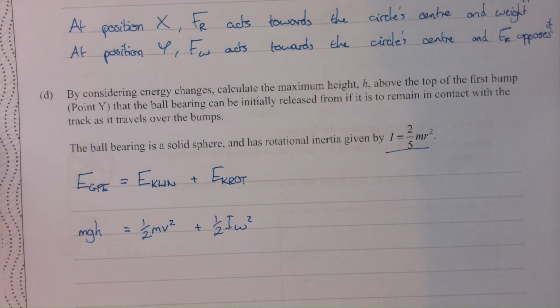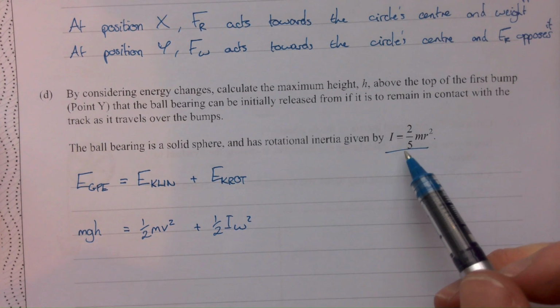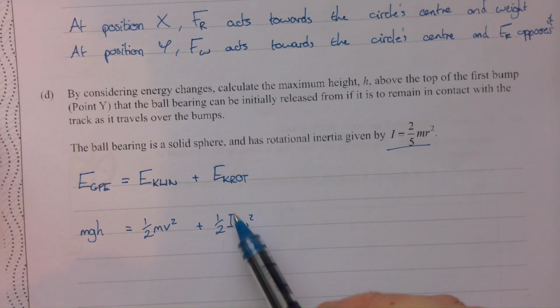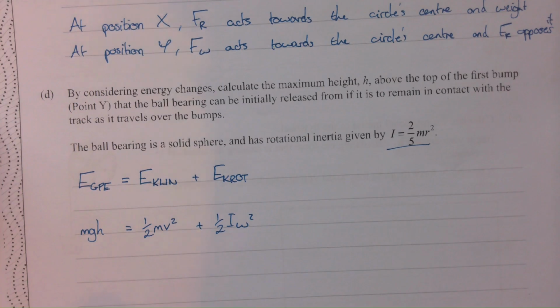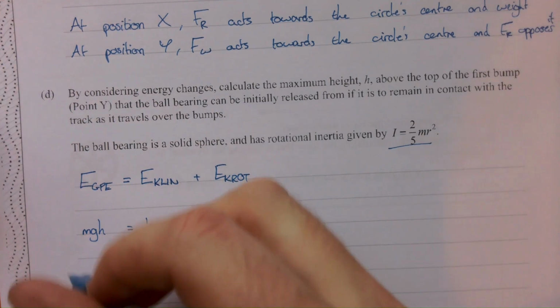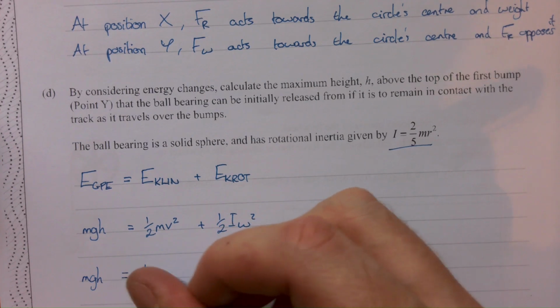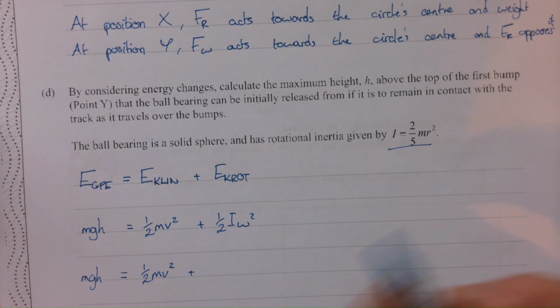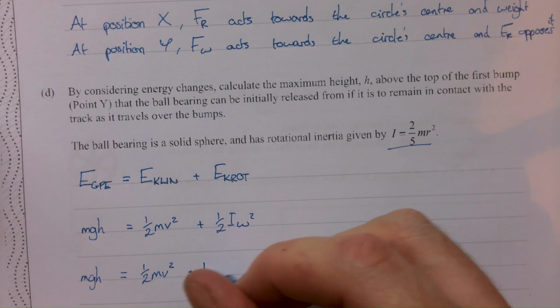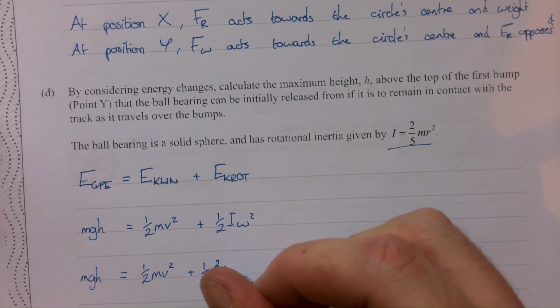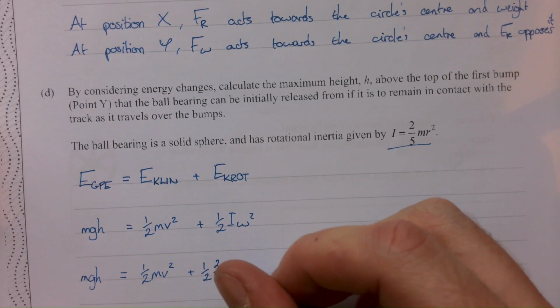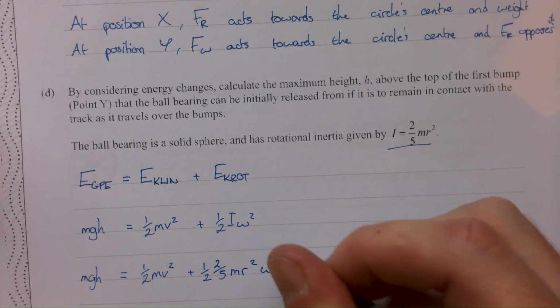You do have a choice. You can just calculate the rotational inertia and then put that value into this equation. I'm not going to, and I'll show you why. If I continue another line, mgh equals half mv squared, but this time make the substitution. I have 1/2 multiplied by 2/5 m r squared omega squared.